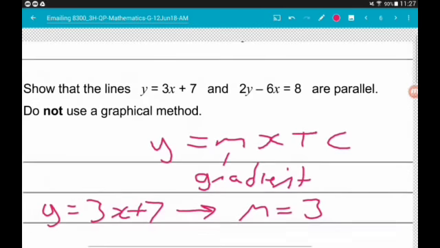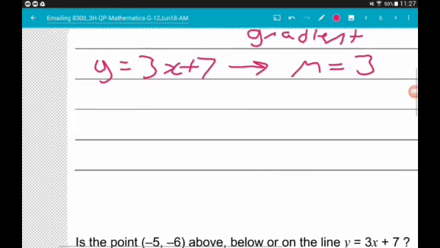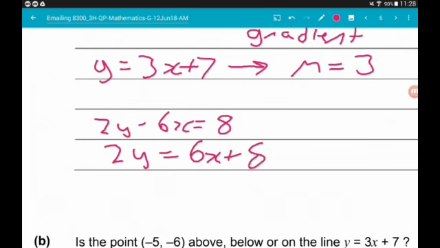Now with the second line, we can't read the gradient how it is. We always need a line to be in the form y equals mx plus c. So this second guy, we need to rearrange to get y on its own. So 2y minus 6x is equal to 8. Well, if we add 6x to both sides, we get 2y is 6x, add 8.